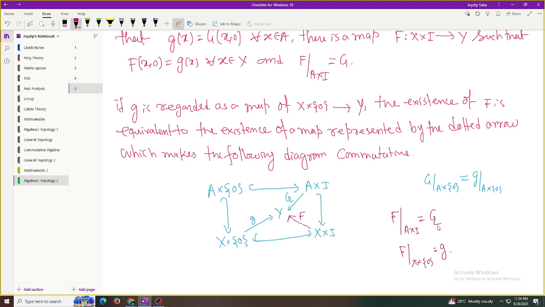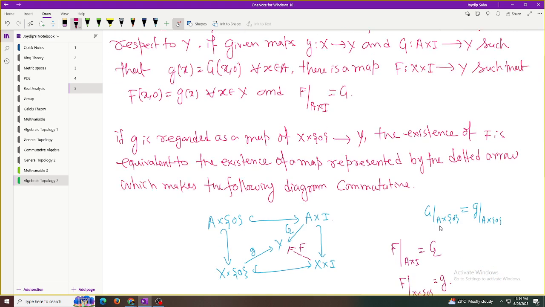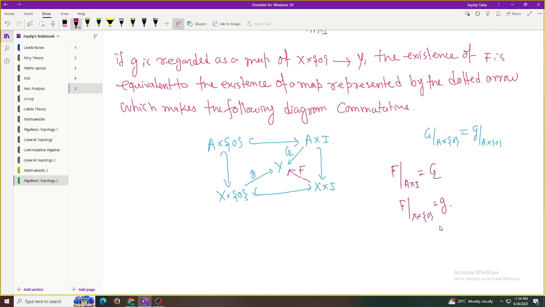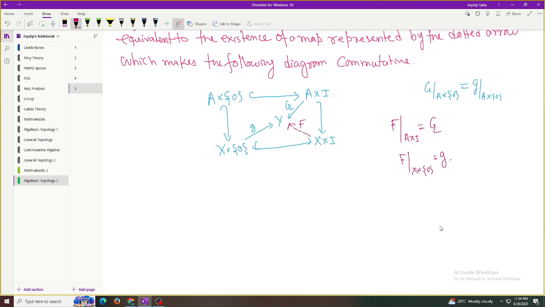So this is called the homotopy extension property with respect to Y. The topological pair (X, A) has the homotopy extension property with respect to Y.